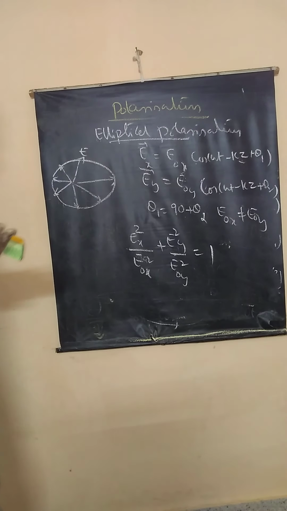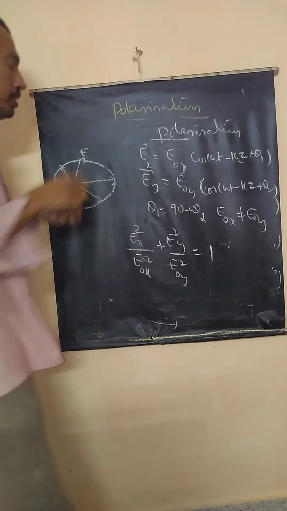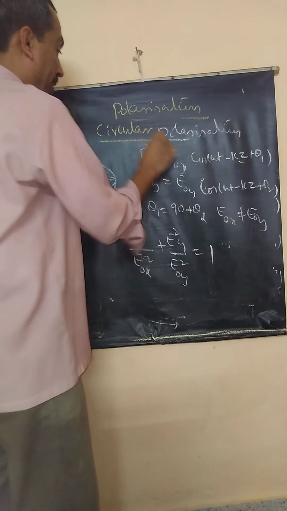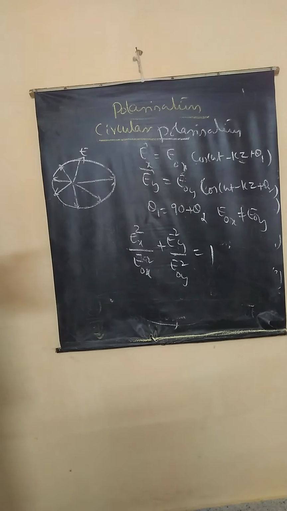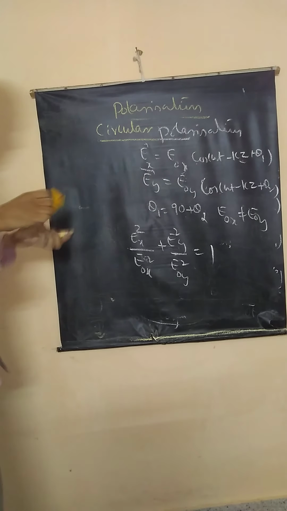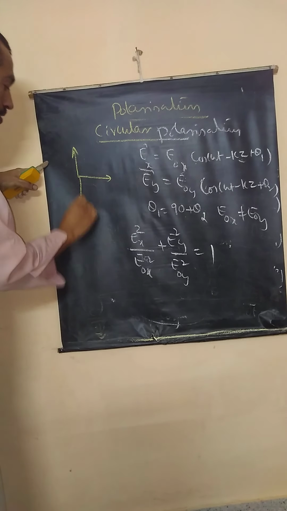Now the last one, circular polarization. In circular polarization, as the electromagnetic wave propagates, the electric field vector describes a circle. See here, if this is the electric field vector, it describes a circle.